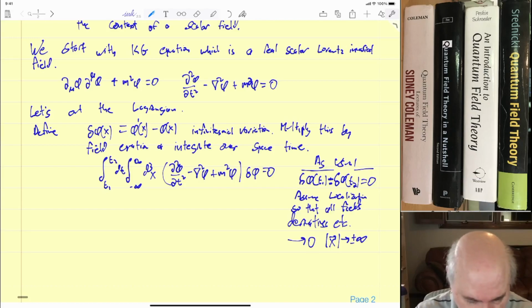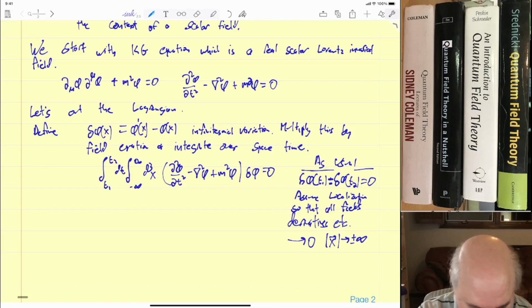So with that, we can always integrate by parts. We don't have to worry about boundary terms now. We'll either have a spatial thing, in which case we use the localization, or we'll have a time thing, in which case we use our usual Lagrangian formulation that the variations vanish at the endpoints of time.